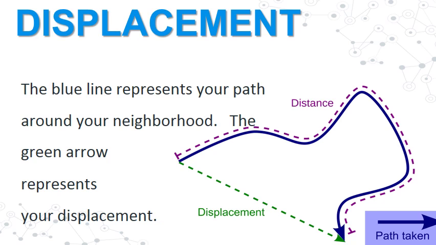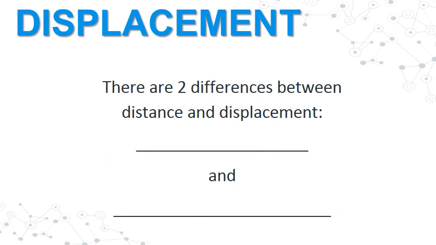The green arrow represents your displacement. So you travel a far distance to get to this point. But if you put a string that goes straight from the starting point over here to the ending point over here, you'll find that the displacement is not nearly as far as the distance.